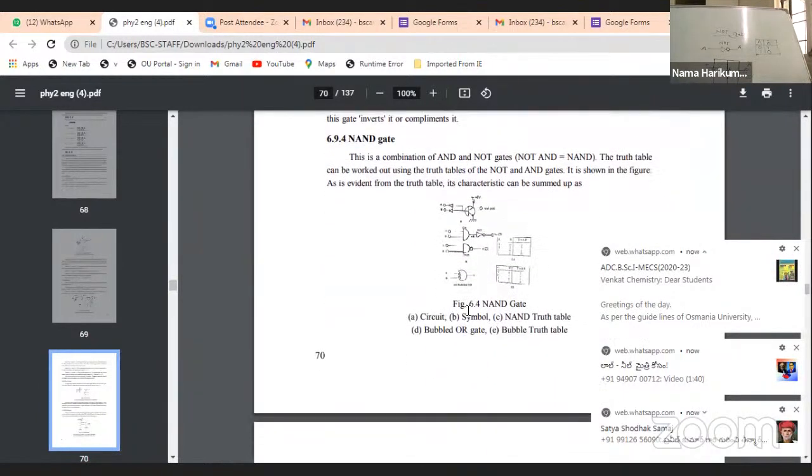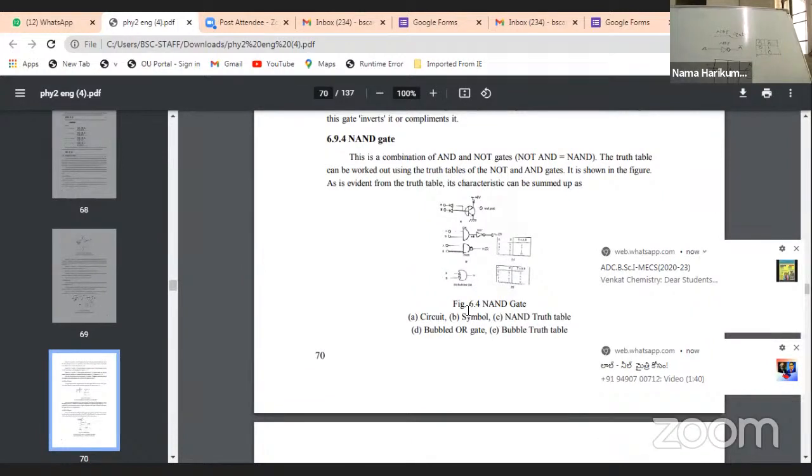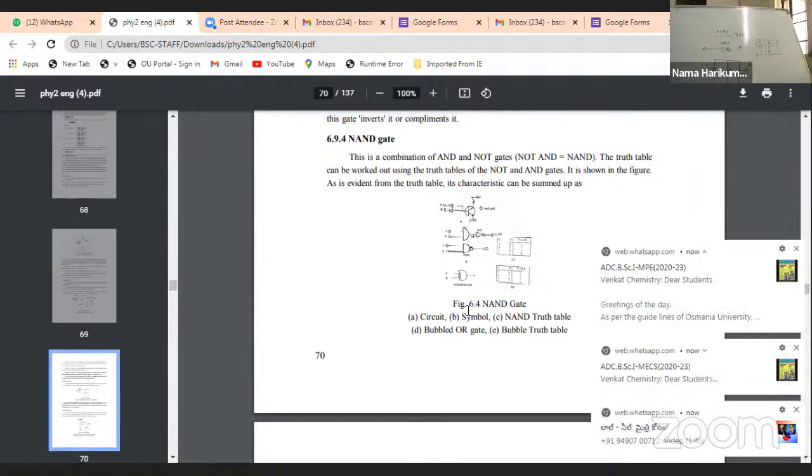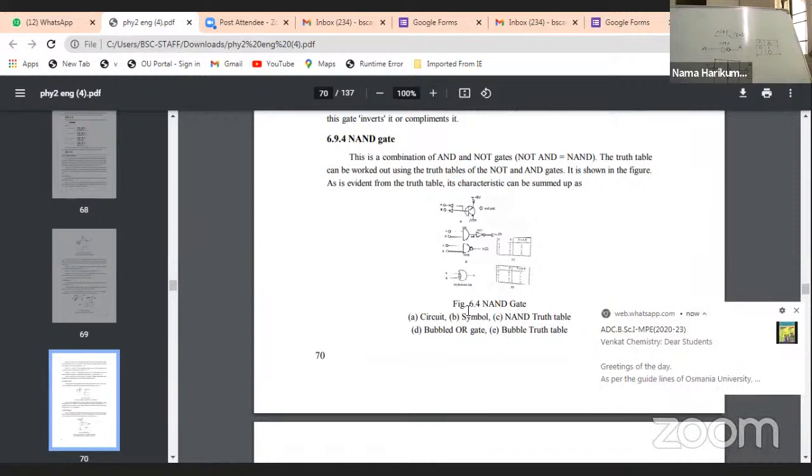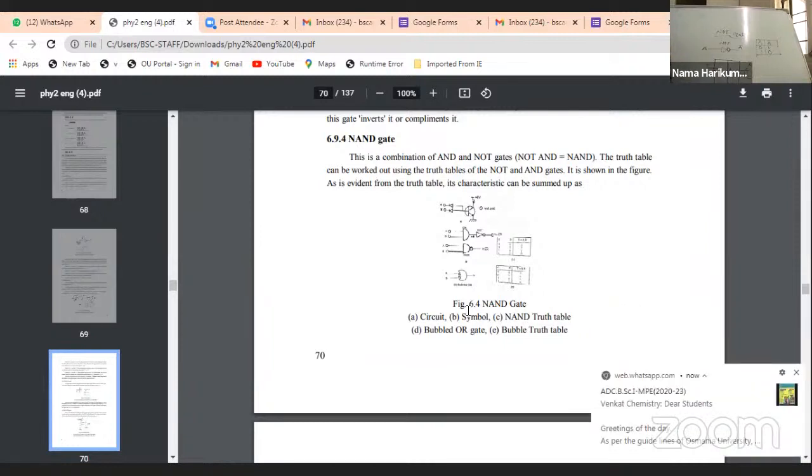So next one is NAND. What is a NAND? It is the application of our AND and NOT gates, the combination of AND and NOT. That is nothing but a NAND gate.